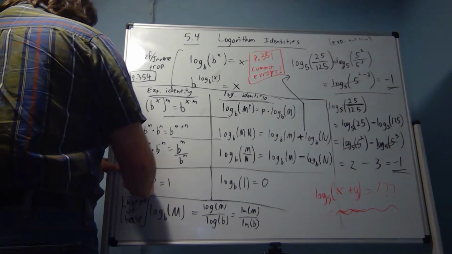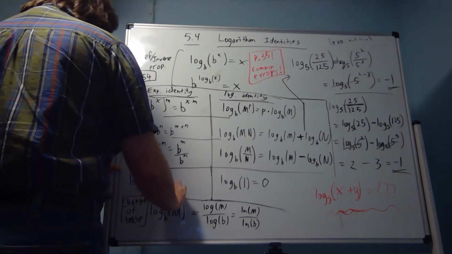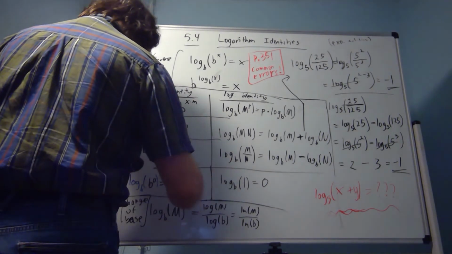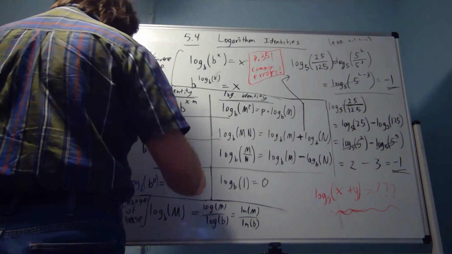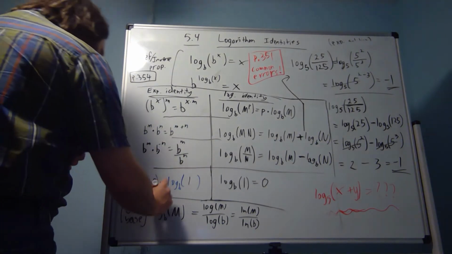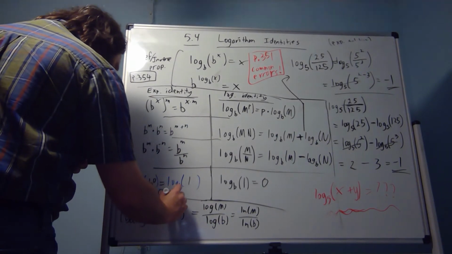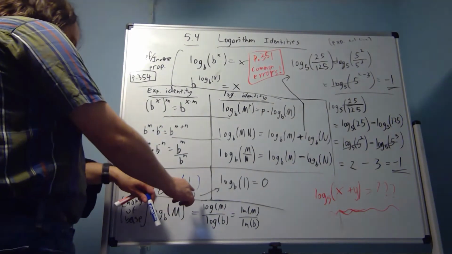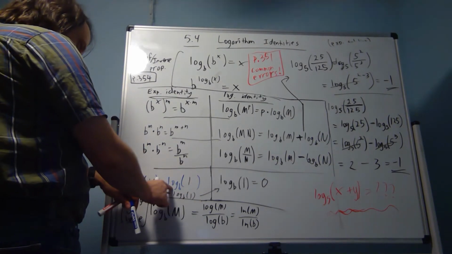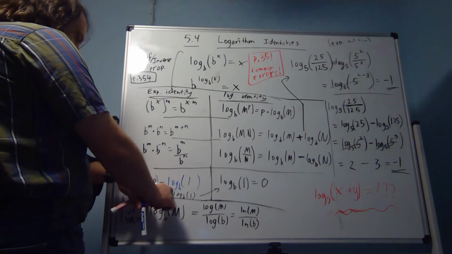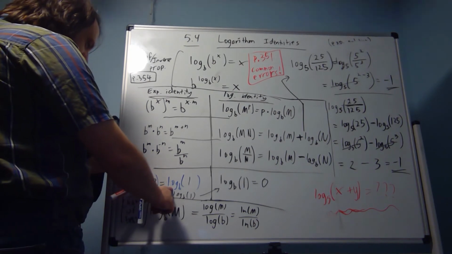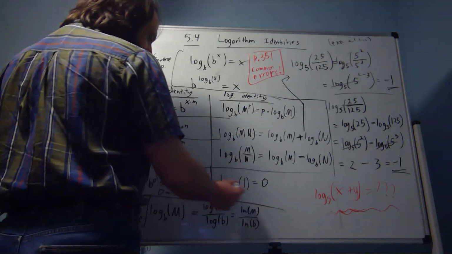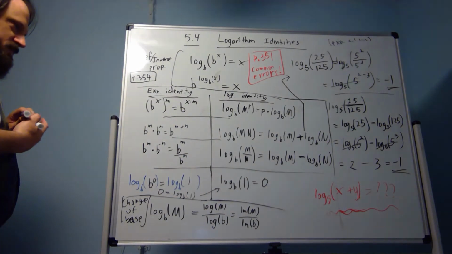The reason for that is if we take log base b of both sides of b to the 0 is 1, then the left-hand side is a function and its inverse applied to 0, and that just is what it is.